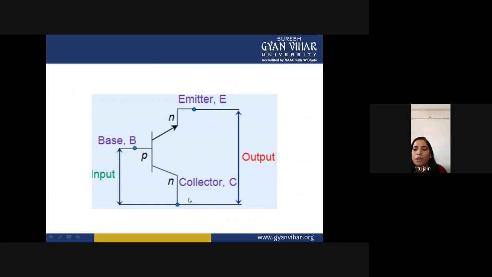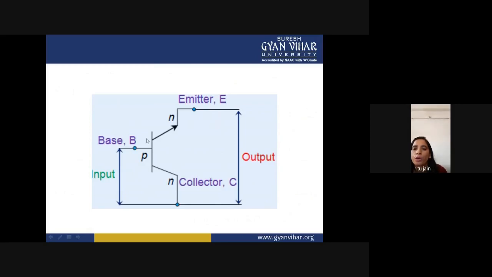Now we will draw the input and output characteristic for this common collector configuration. In common collector configuration, the input current is your base current, and input voltage is your VBC, like base and collector voltage, and your output current is your emitter current, and output voltage is your VCE, means collector emitter voltage.